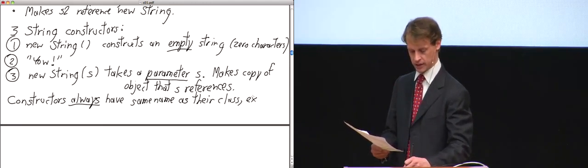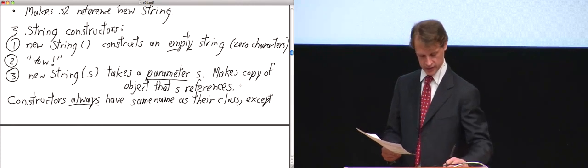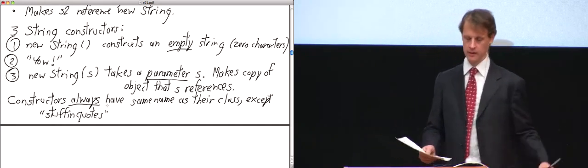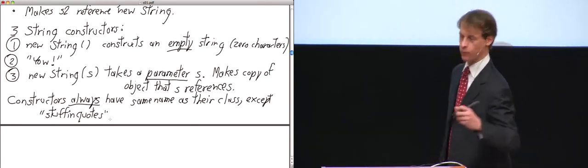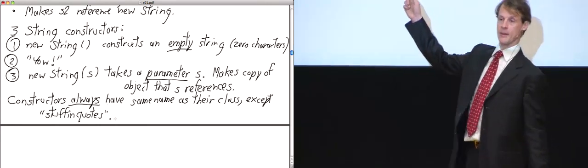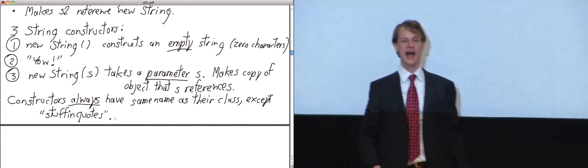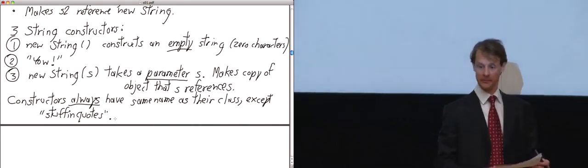With one exception, which is that very special constructor where you put stuff in quotes. That is the one and only example in Java of a constructor that's not actually named after its class. But that's the only exception.